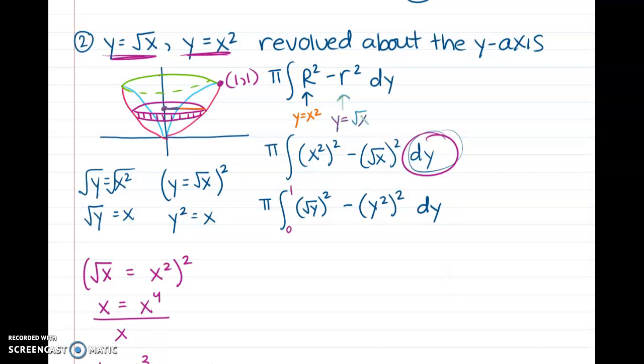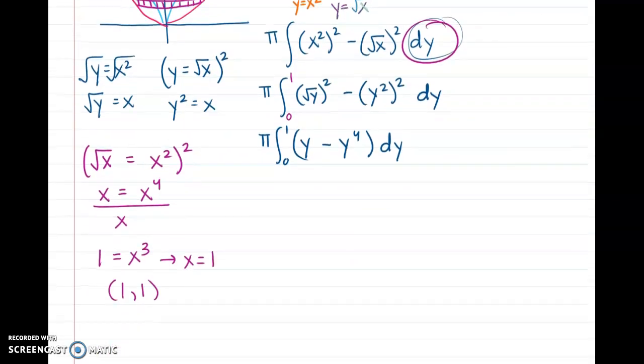So when we do this, now we have pi times the integral from 0 to 1. Square root of y squared is just y, minus y squared squared is y to the fourth, dy. Pi times y squared over 2 minus y to the fifth over 5 from 0 to 1.